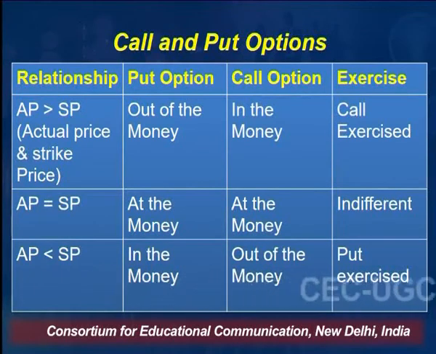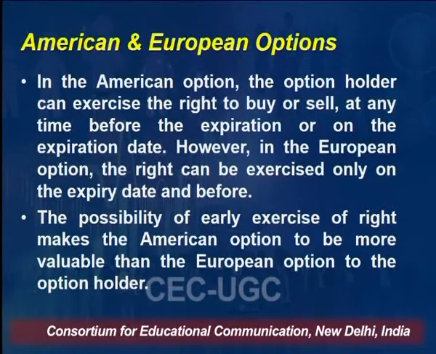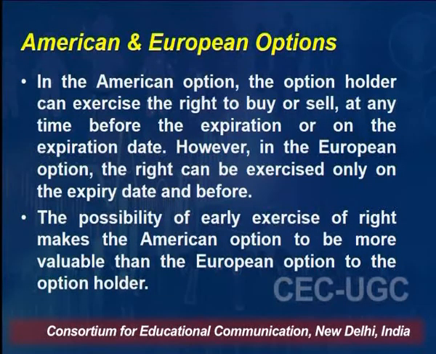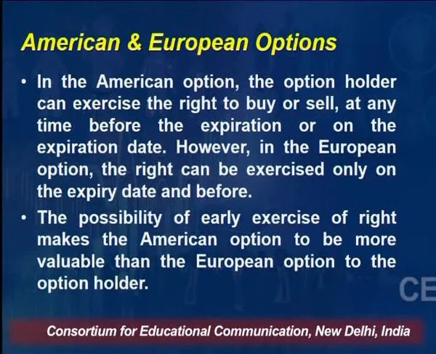Options can also be classified as American options and European options. Most of the stock options in India, are they American options or European options? Let me talk about what is an American option. In the American option, the option holder can exercise the right to buy or sell at any time before the expiry or on the expiry date.